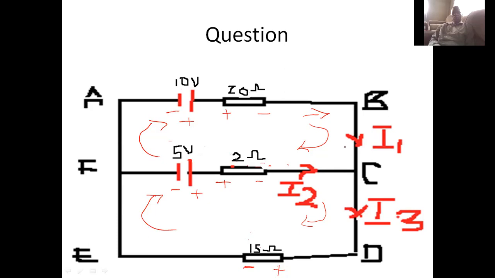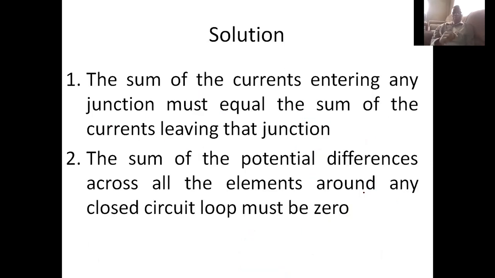For the junction rule, we know that current 1 is entering the junction, and current 2 is entering the junction, and current 3 is leaving the junction. And so the first part of the question is to state Kirchhoff's laws. As we stated earlier on, they state as follows.